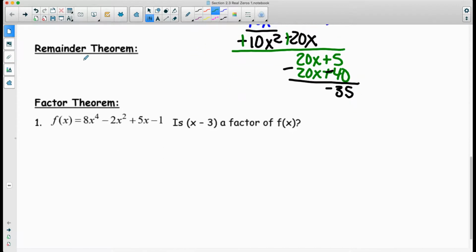All right, so you're going to see something in your notes, or in your homework, that is going to ask you to use the remainder theorem. It's going to seem so silly to do something twice. That is what they're asking you to do.